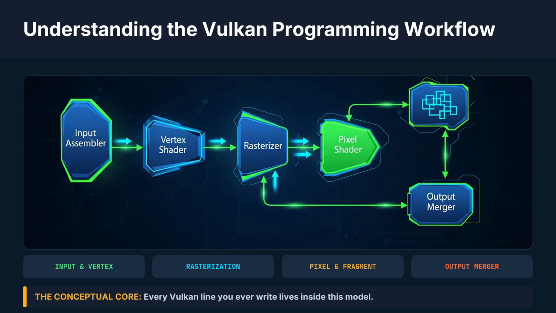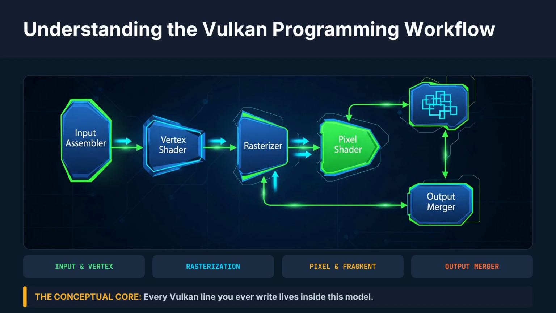Now this slide shows a big picture pipeline, and I want you to remember this. Every Vulkan program you write will follow this kind of model to implement your application.